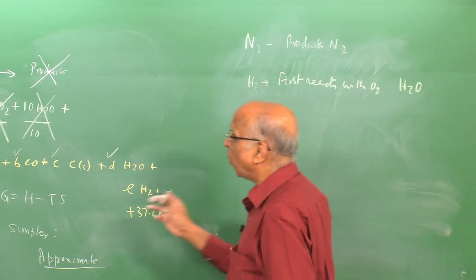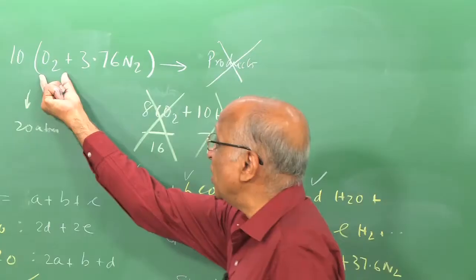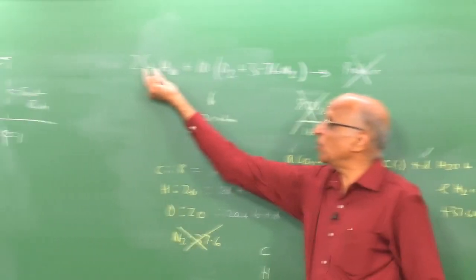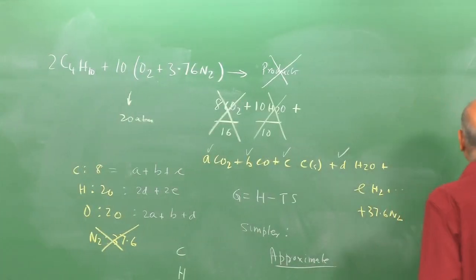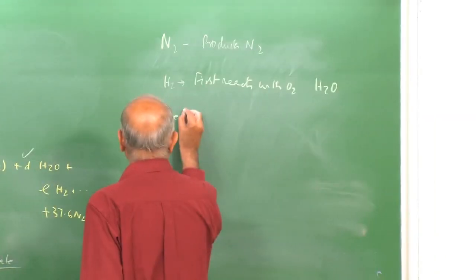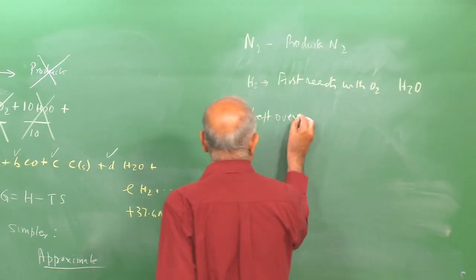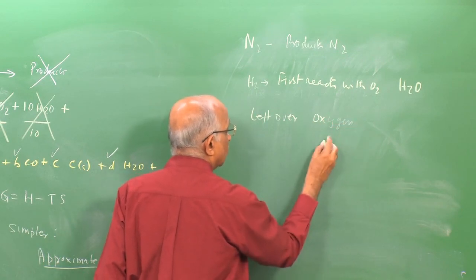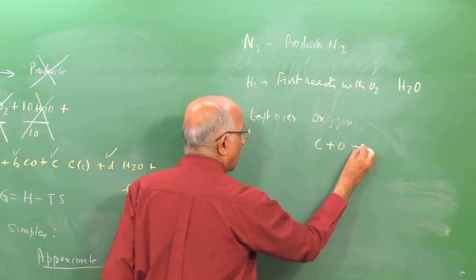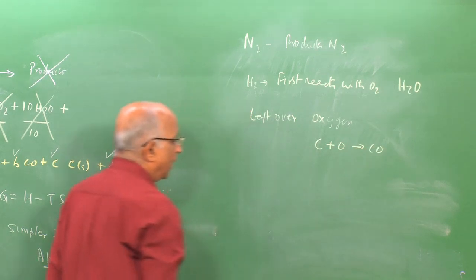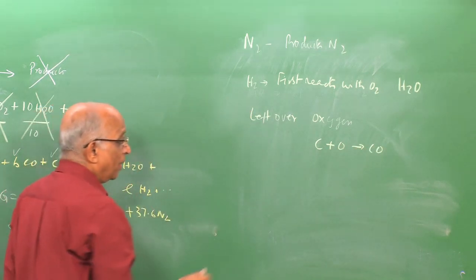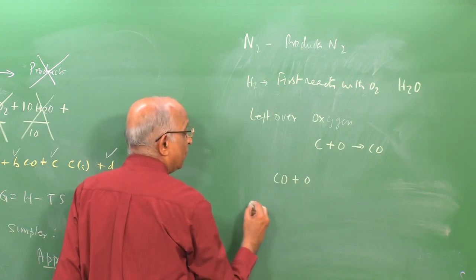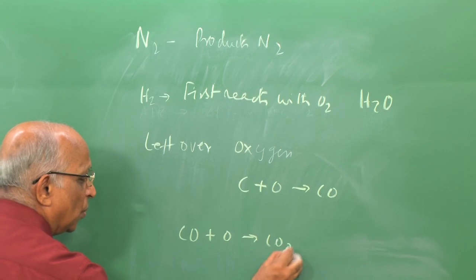After forming water, if some oxygen is still left, the leftover oxygen reacts with the carbon to form carbon monoxide. If oxygen is still left, part of this carbon monoxide reacts with the leftover oxygen to form CO2.